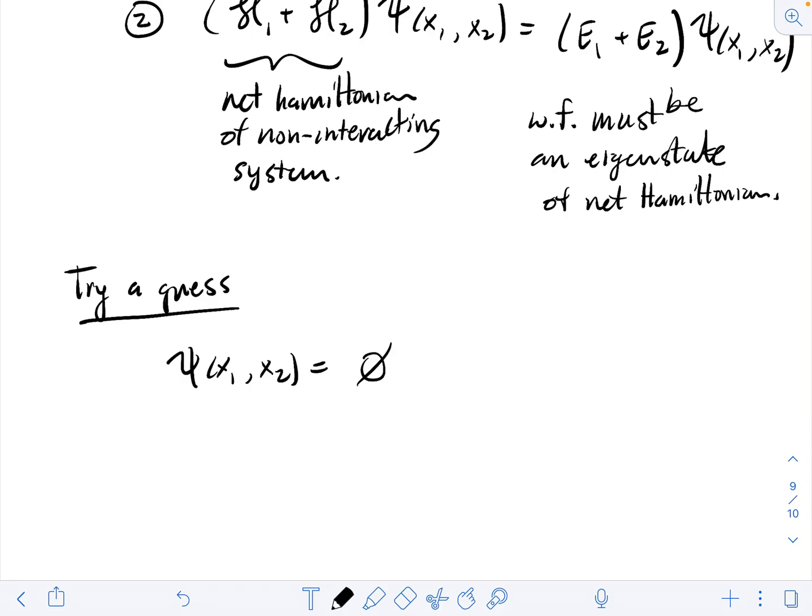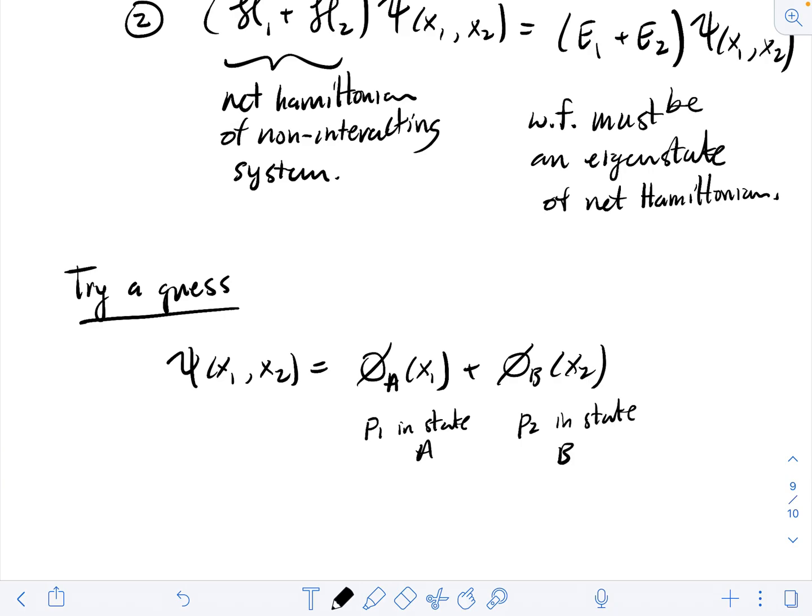And so what if we just took our two single particle wave functions and added them together?